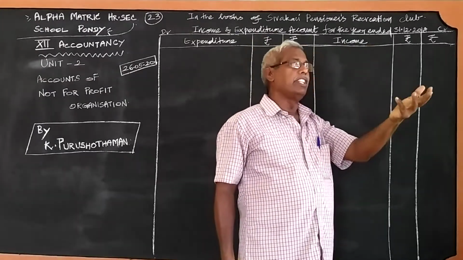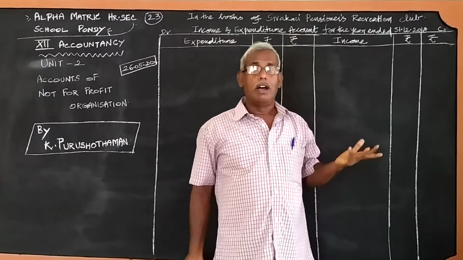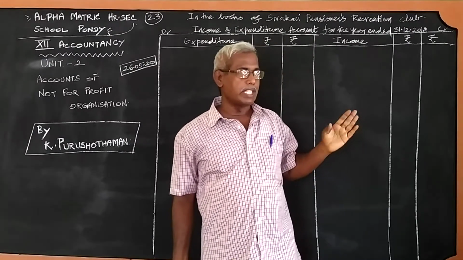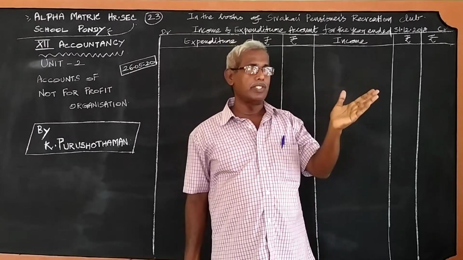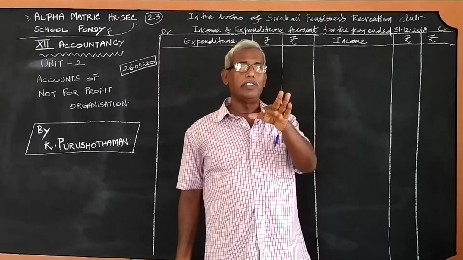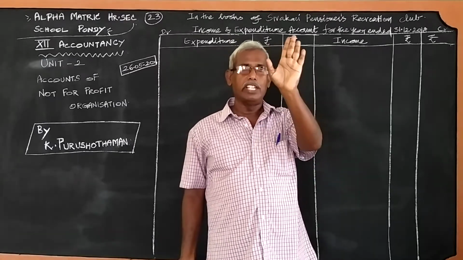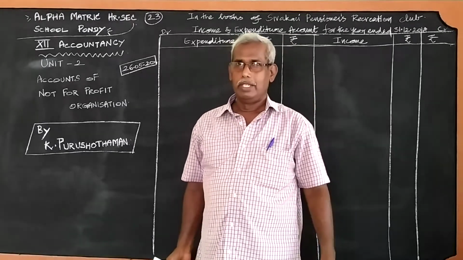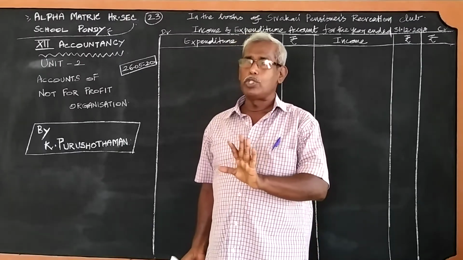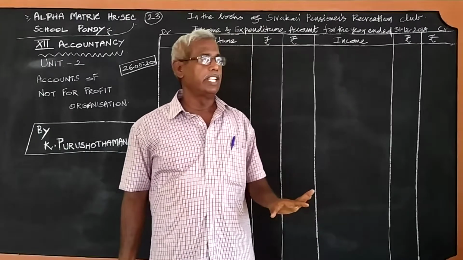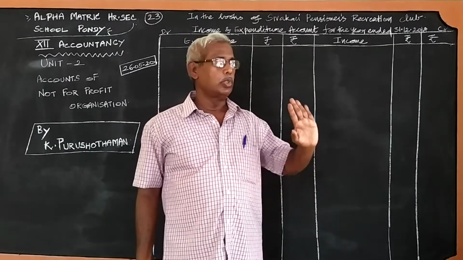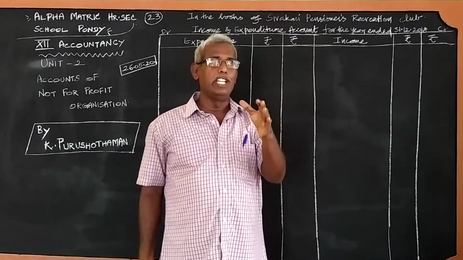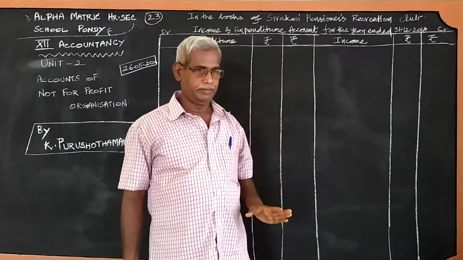What should not be written? All these items we select between the 1st January and 31st December are only revenue items. But the capital items should not be taken into consideration. And also the brought down and carried down should not be considered.